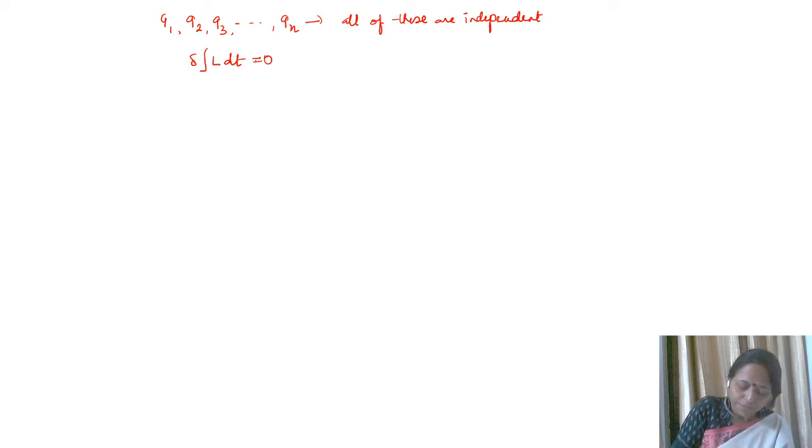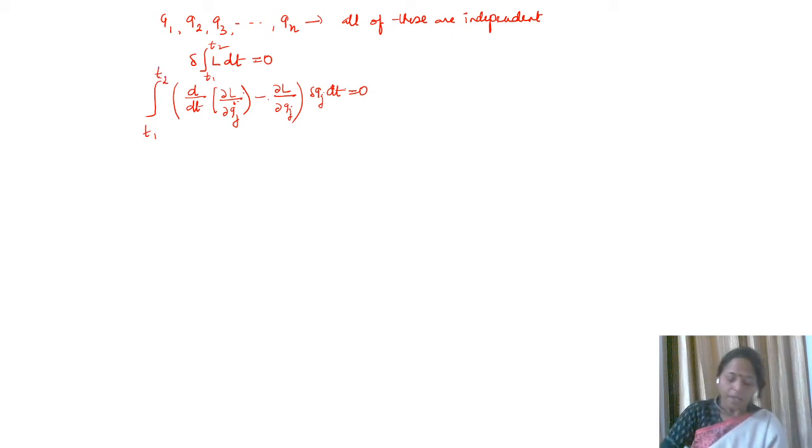If we apply the conditions of Hamilton's principle, at one stage we come to this point where we get an integral, because it is with respect to time, of d/dt of ∂L/∂q̇j minus ∂L/∂qj, times δqj dt, equal to 0. We get such an expression.